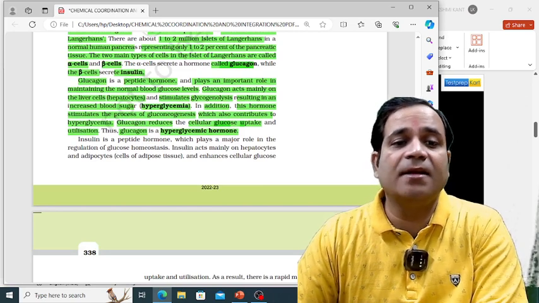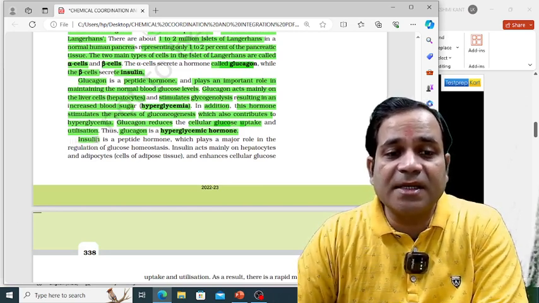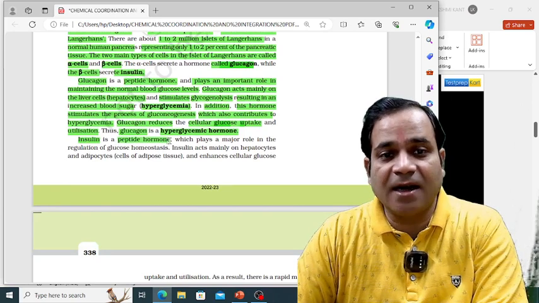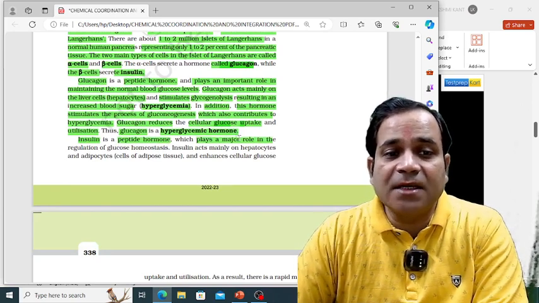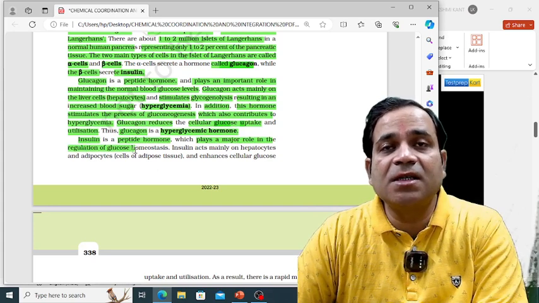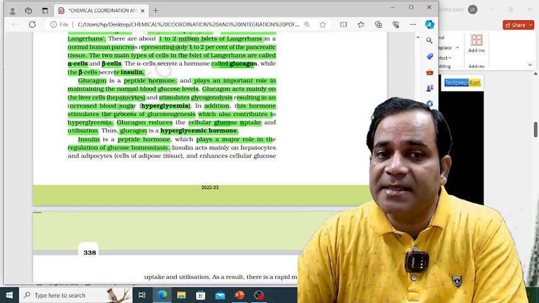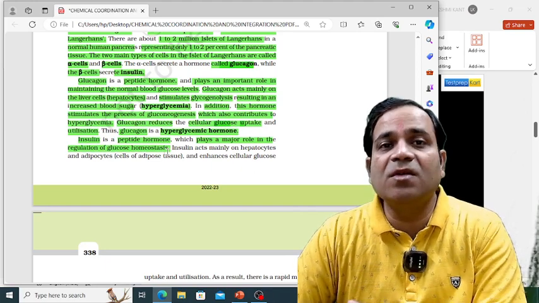Now, the next thing that is important to understand: insulin. Insulin is which type of hormone? It's a peptide hormone, which also plays a major role in the regulation of glucose homeostasis, to maintain the amount of glucose.